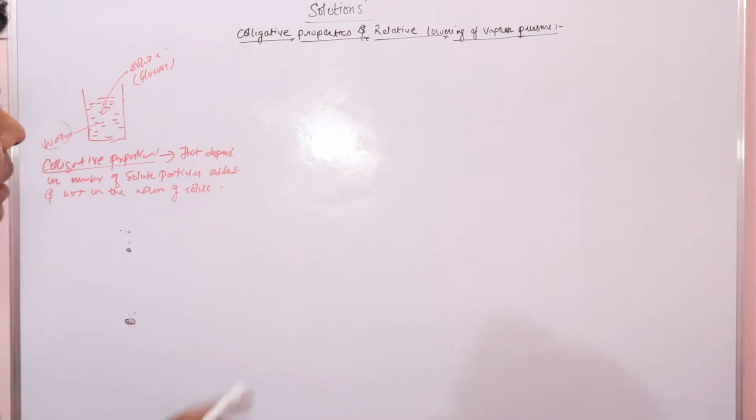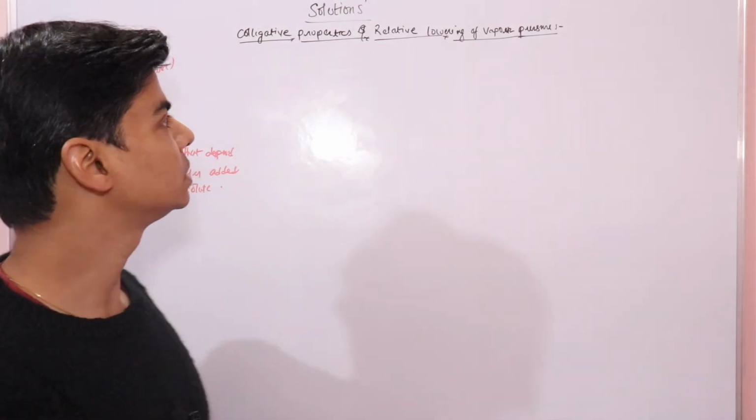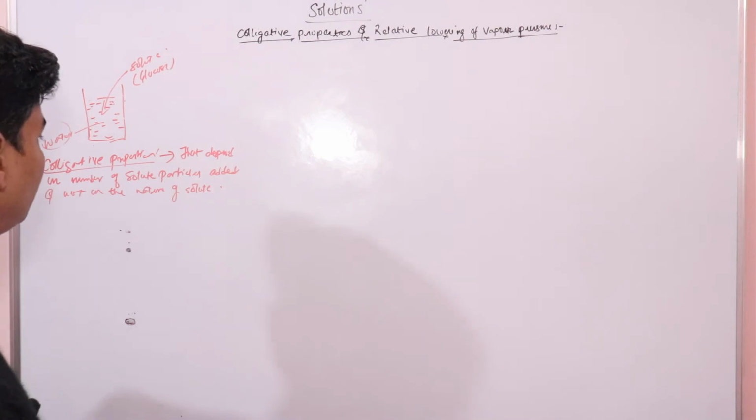In this video lecture we will understand one colligative property, which is relative lowering of vapor pressure.